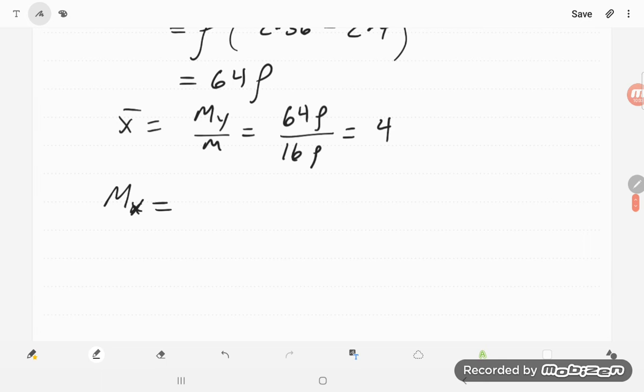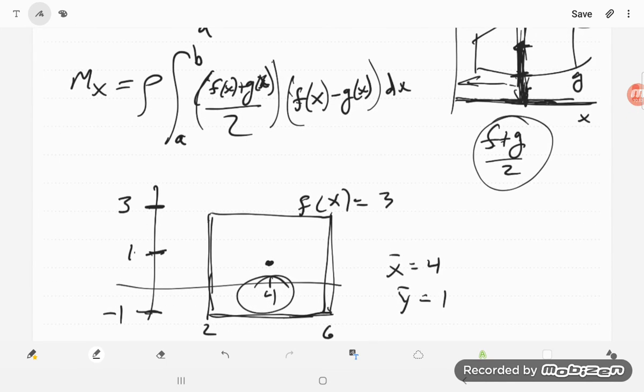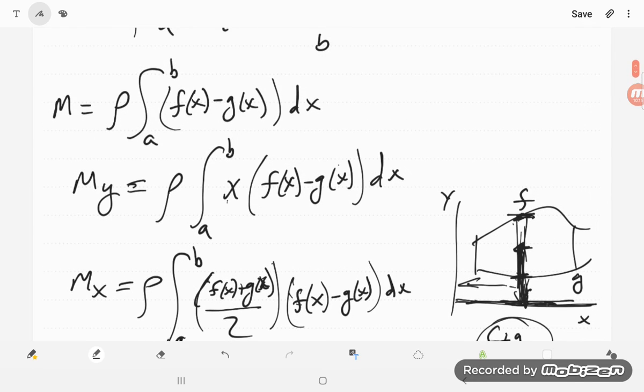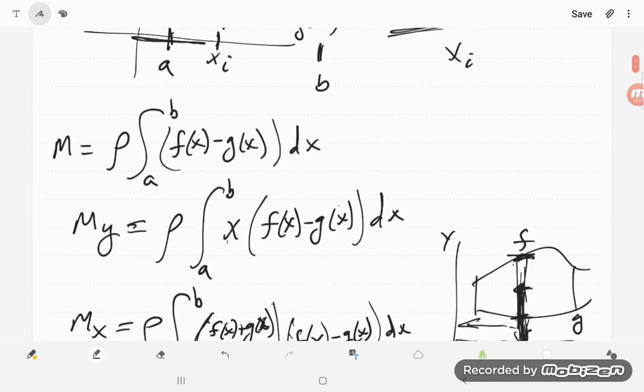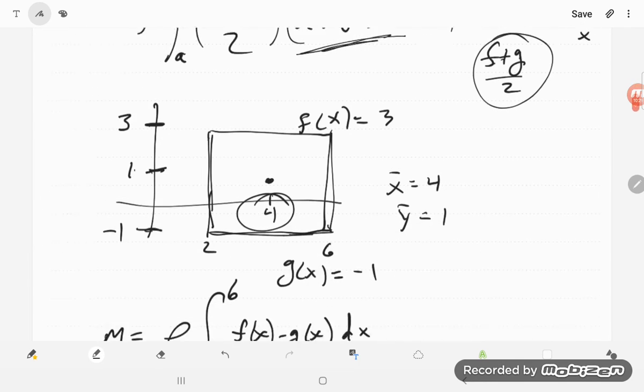Now for m sub x, we have rho, we have the integral along the x-axis from 2 to 6. And we still have the thing we did for mass, f of x minus g of x, but now we take the average of those two, f of x plus g of x, over 2.